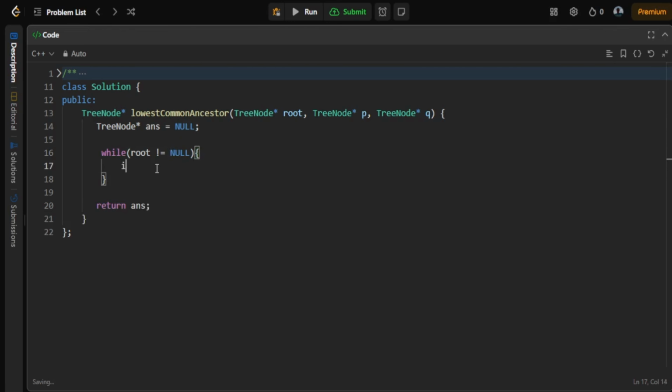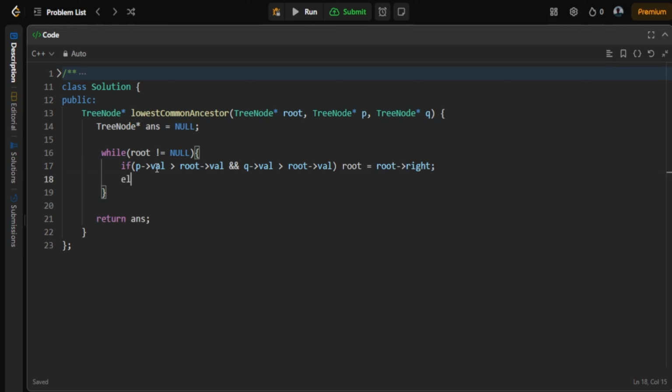So the very first condition will be: if the value of p is greater than my root value, and the value of q is also greater than my root value, then I need to go to the right part. So here I'll write root is equal to root right.